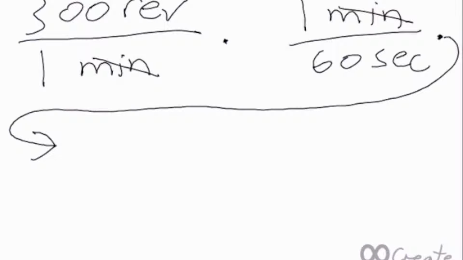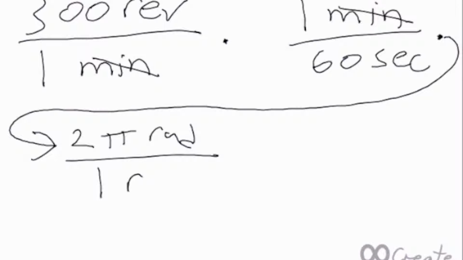Everything is multiplication to each other. And since you've already converted minutes into seconds, you want to now go ahead and do 2 pi radians over 1 revolution, and you do that because on the unit circle, 1 revolution or 1 rotation around the whole unit circle is 2 pi radians, so you cancel out the revolutions.